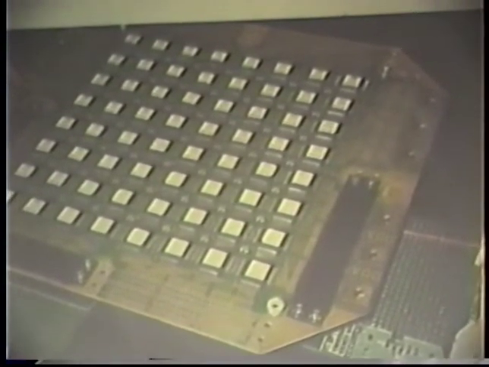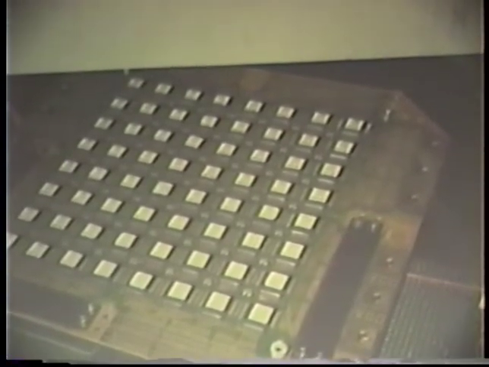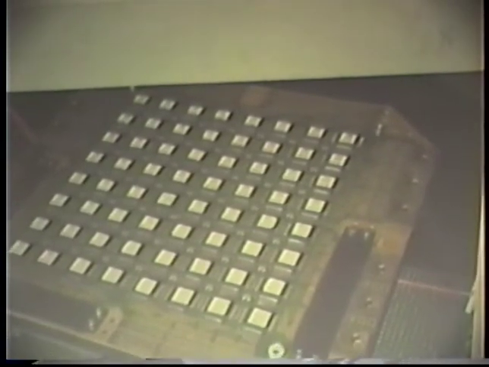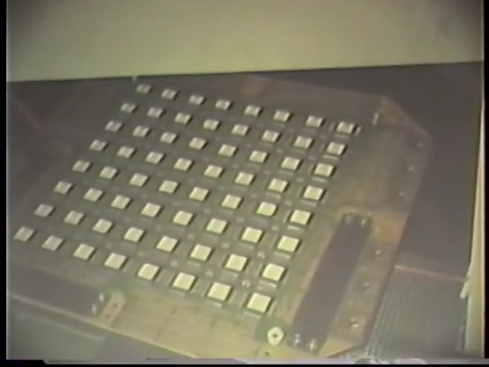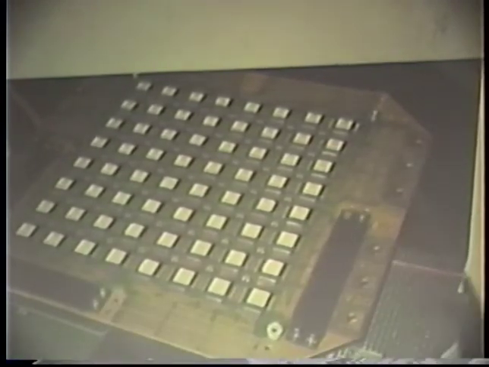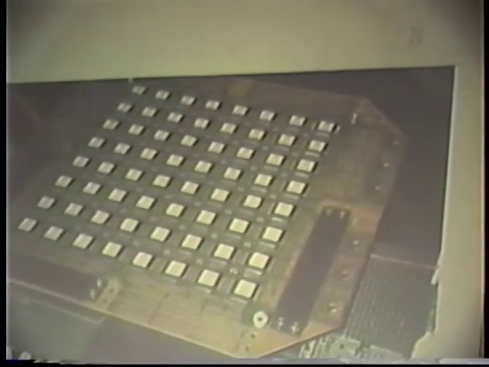And what we end up with after all this is over with is this artistic photograph of one of these boards all finished with this 8x8 array of chips on it and some connectors that connect onto the edge.